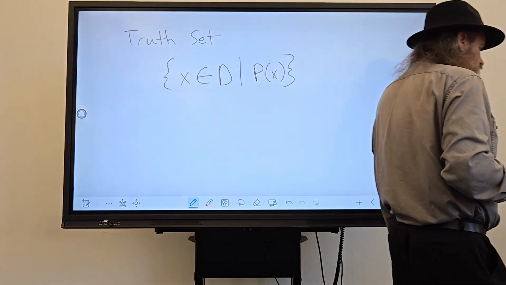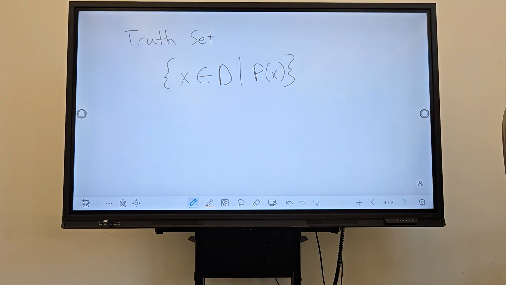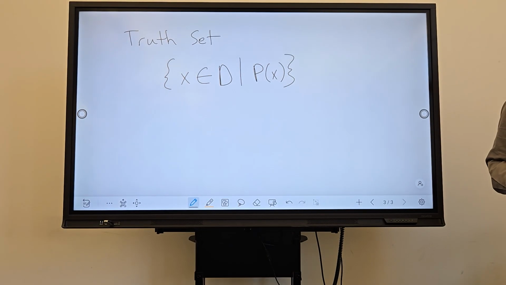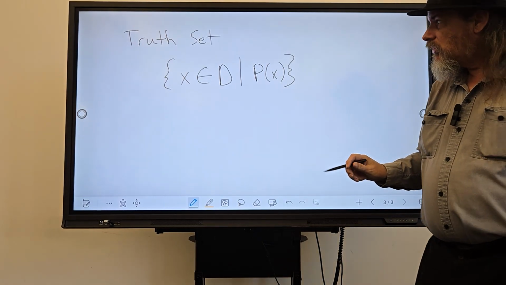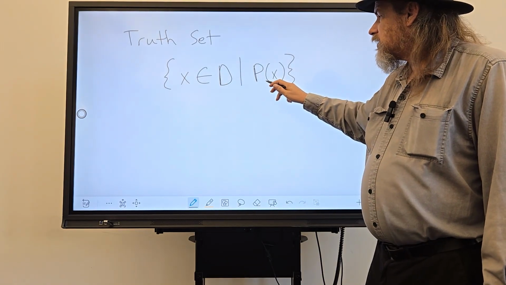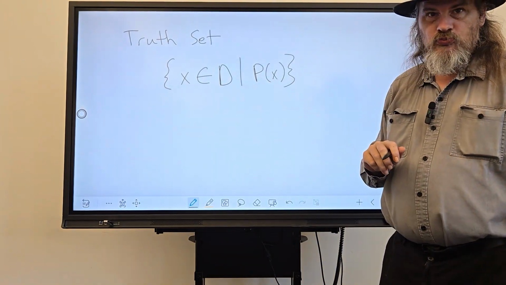That's how you can denote the truth set of a predicate. The set of all X that are elements of the domain that make P of X true.